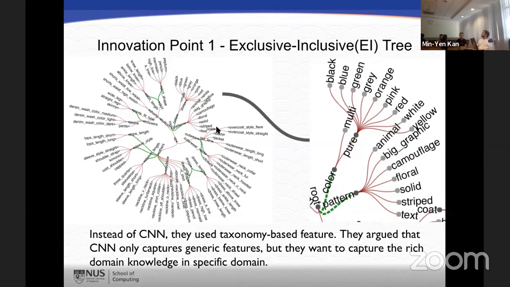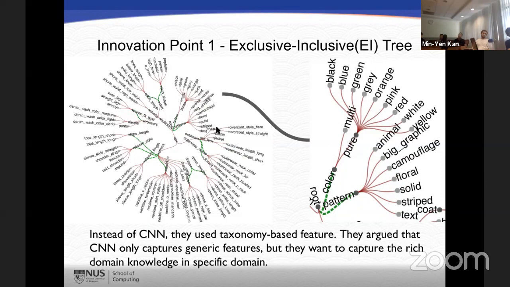Yes, there's definitely alignment between the EI tree and the text. And then I guess the EI tree is used to tag the image data too, so that the image data that's being recommended has EI attributes assigned to it. That makes sense. So a dress would be coded as a solid blue long dress, for example, so those parts of the EI tree nodes are activated.